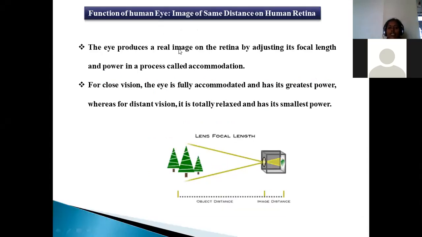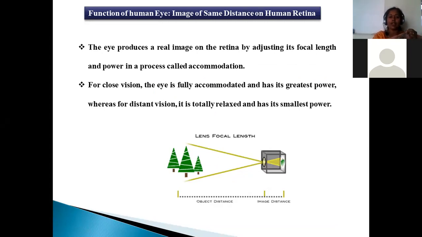Right. The eye produces a real image on the retina by adjusting the focal length and the power in the process called accommodation. Okay. So what happens? We see objects, some very near to us, and it is possible to observe objects which are far away from us.